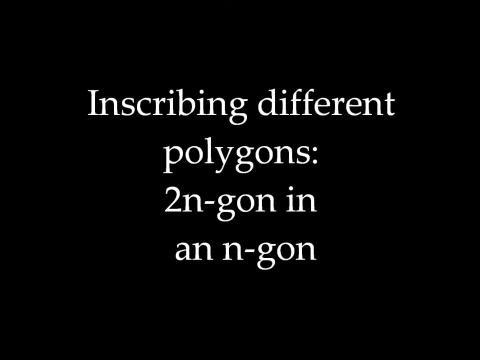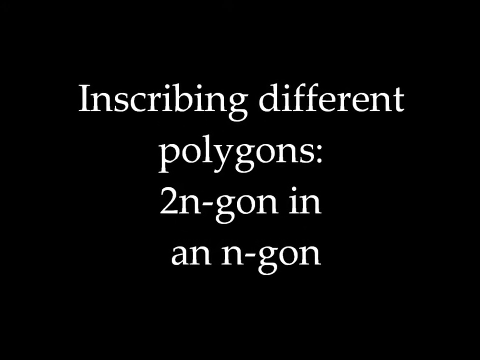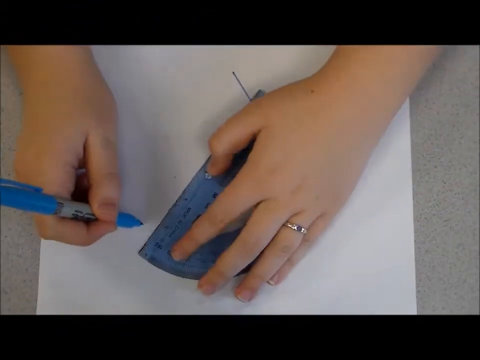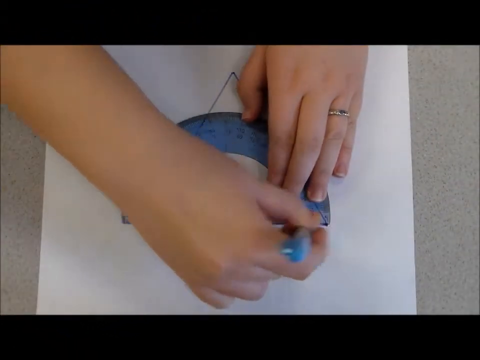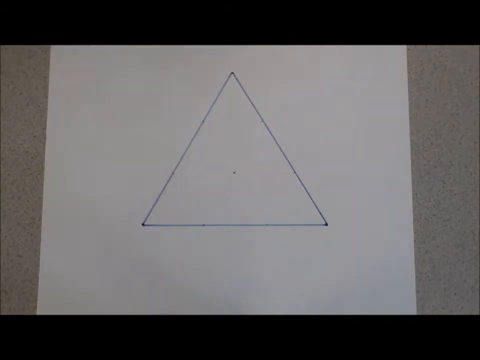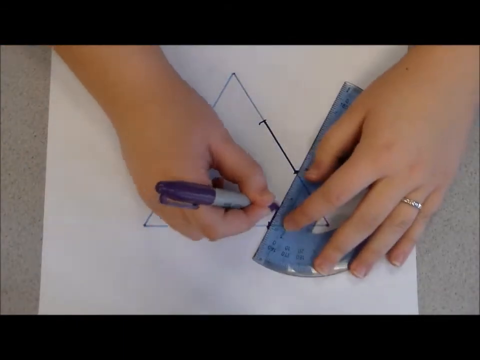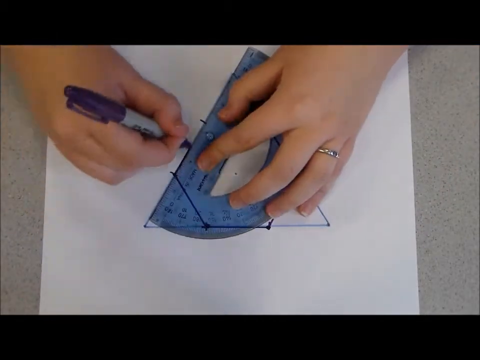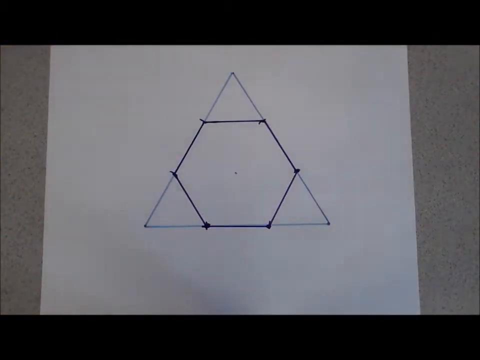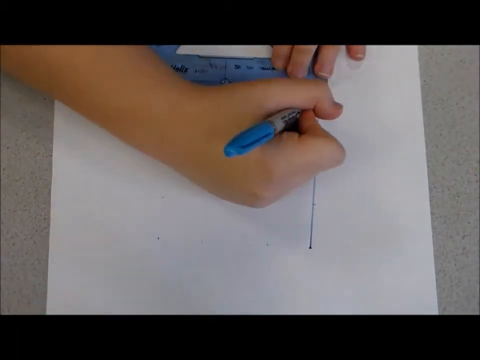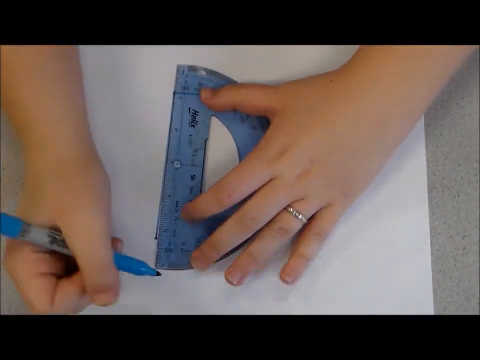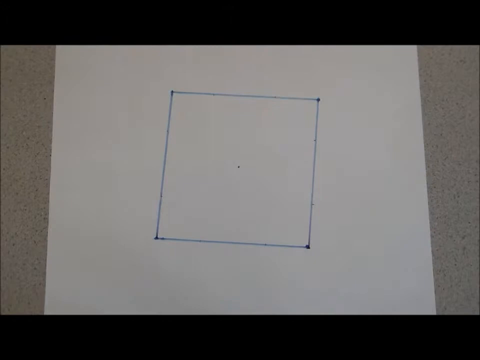Next, we wanted to look at inscribing different regular polygons and seeing if there were any unexpected patterns. One of our most interesting findings was being able to perfectly inscribe any 2n-gon in an n-gon. Anyone can try this. The first step is to draw your favorite regular polygon. Next, you need to draw in line segments to mark the corners off. But you can't draw these lines just anywhere on the sides.